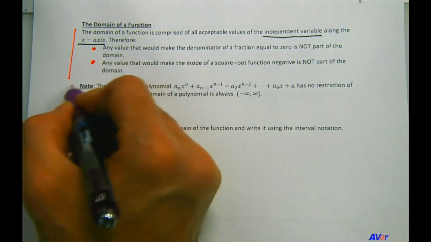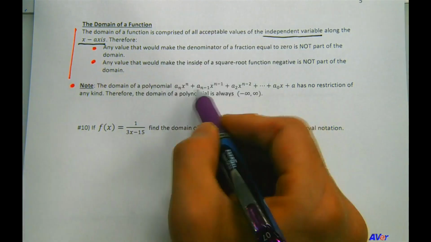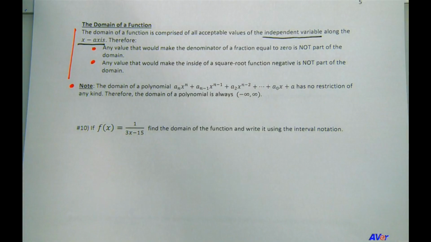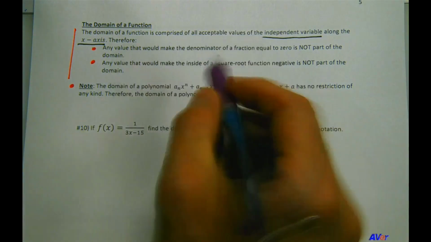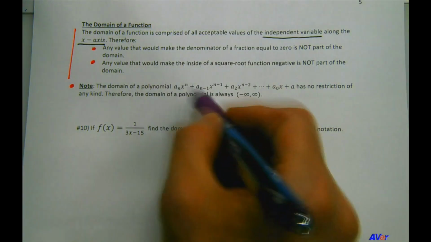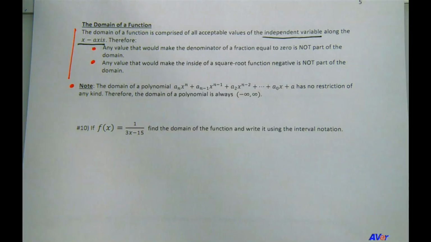So one note that I've made here is that polynomials come up a lot in algebra. All the quadratic equations that we've been solving so far are polynomials. And one important thing to remember about polynomials is that the domain of a polynomial is always negative infinity to infinity.